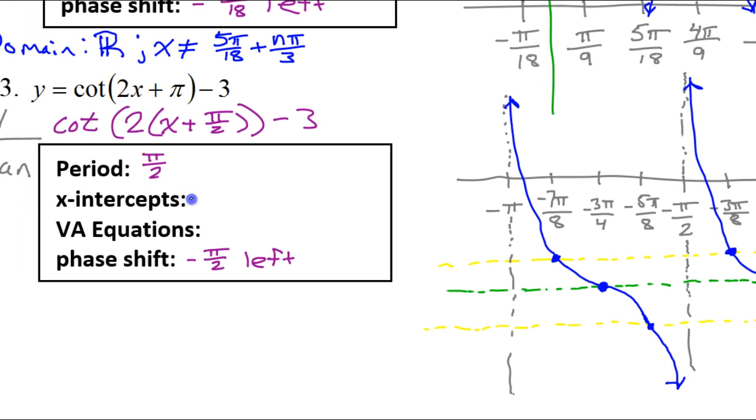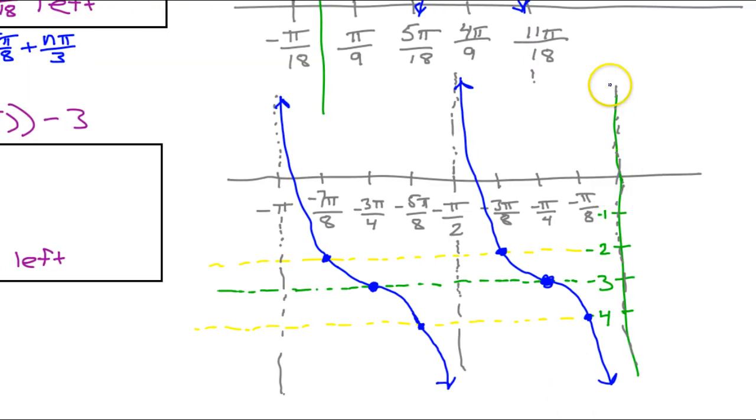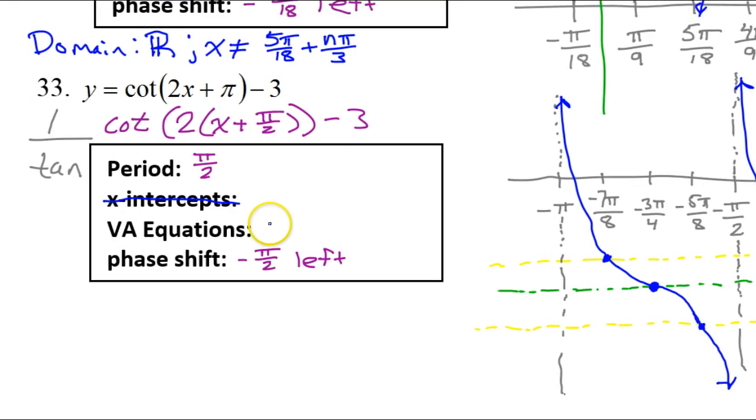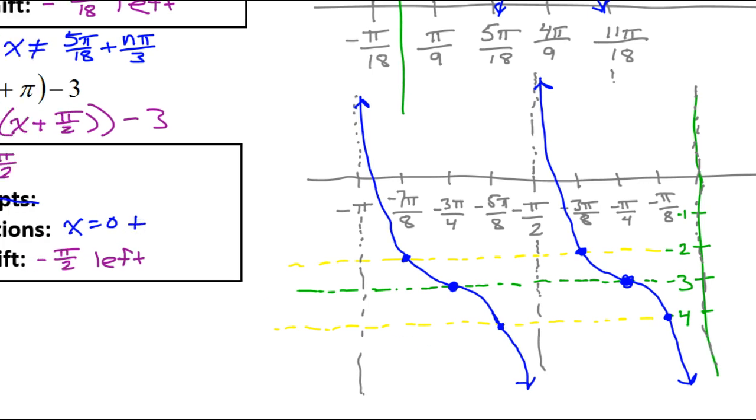And just real quick, as far as x-intercepts, let's just cross that out because we need a graphing calculator for those. But the vertical asymptote. The first vertical asymptote, well, there's one at 0. So let's start with that. We have a vertical asymptote at x equals 0. And then I noticed that the asymptotes are a full period apart. So I'm going to just add a full period.